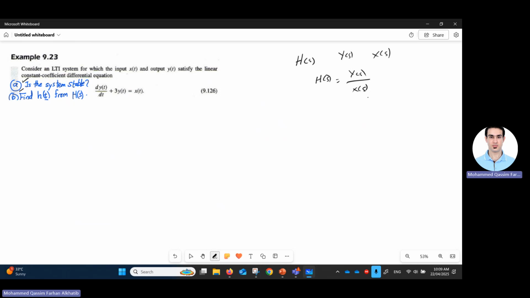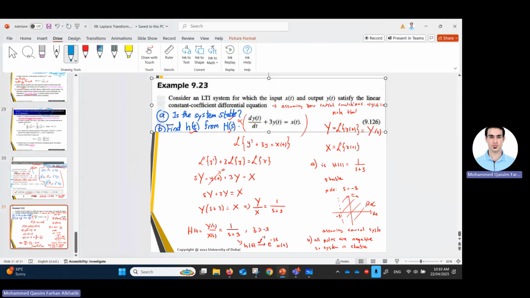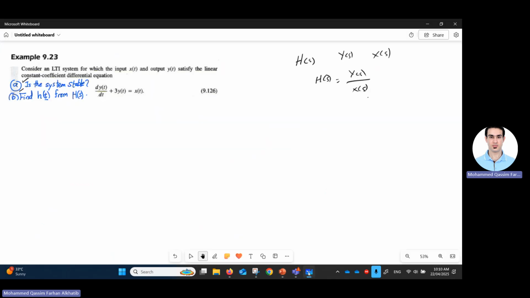So let's see here. If it doesn't mention any initial values, then assume zero initial value conditions. So we'll go back to the question and apply the Laplace transform. We'll get s Y(s) plus 3 Y(s), which equals X(s).